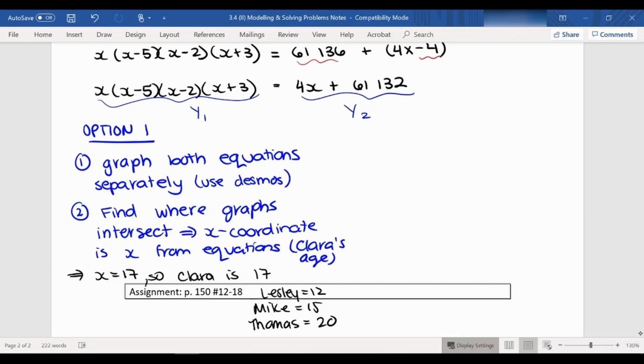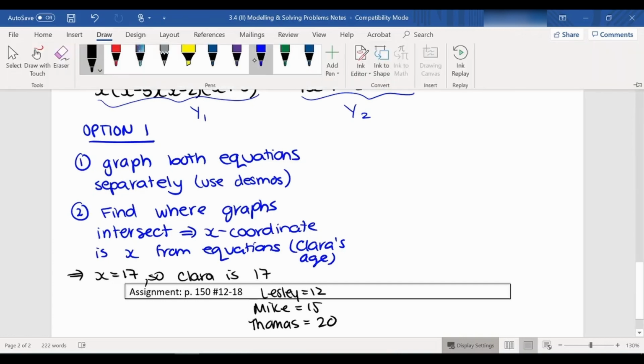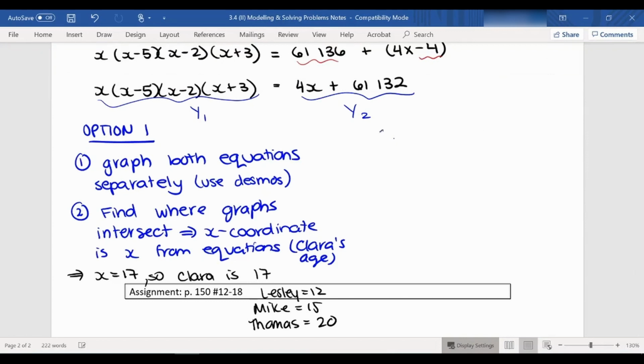Okay. Your other option is to rearrange your equation so that it equals 0 and everything is on one side of the equal sign.